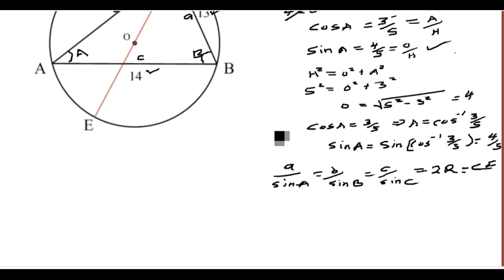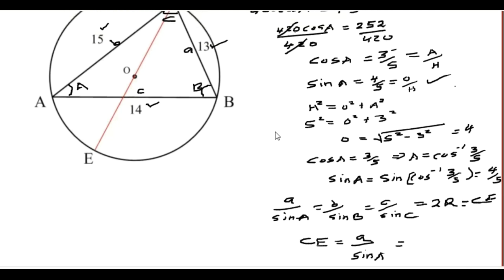So what is CE? We have seen that to get CE, we only need a over sine A. The side a from our diagram is 13, then divided by sine A. We found sine A to be 4 over 5, then divide by 4 over 5.